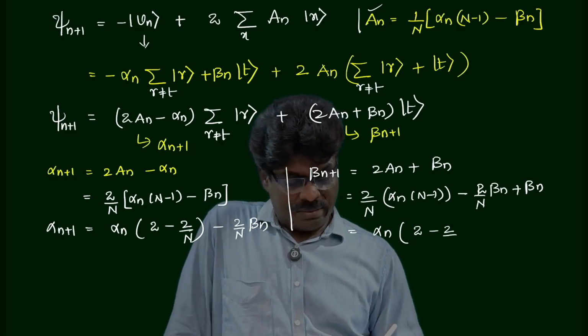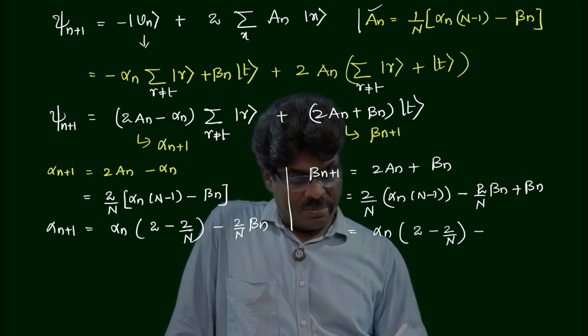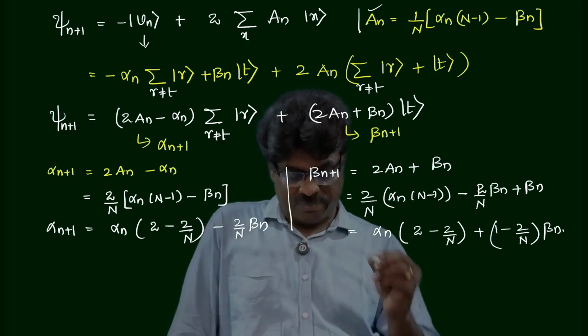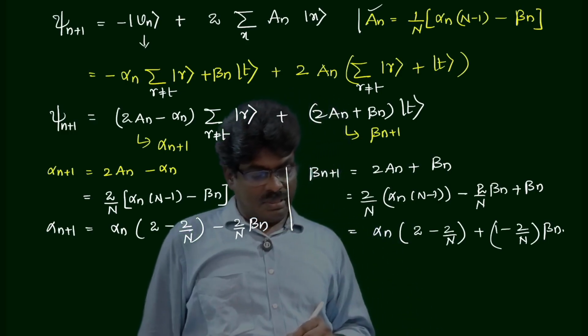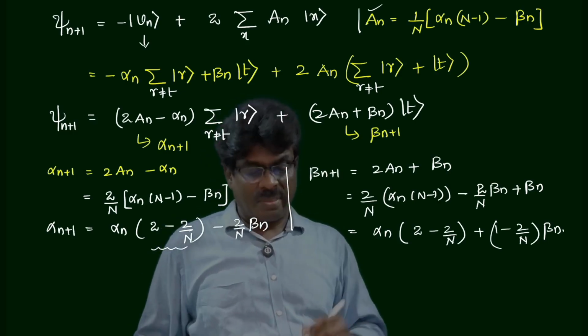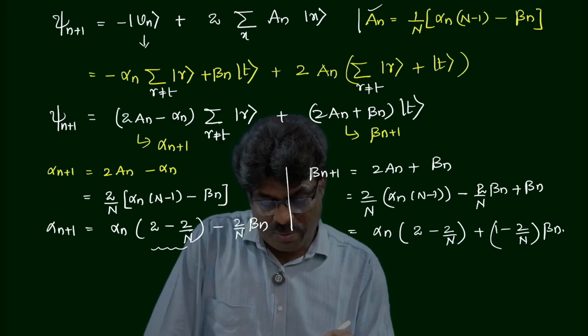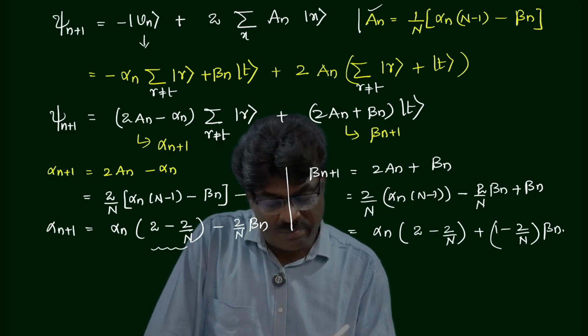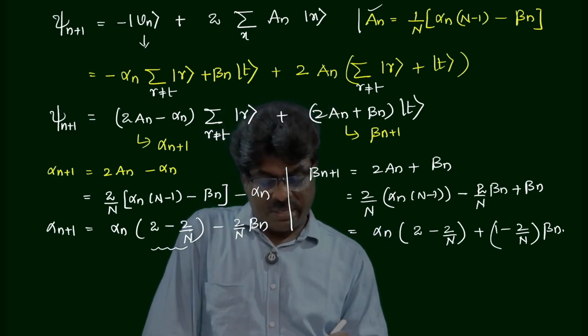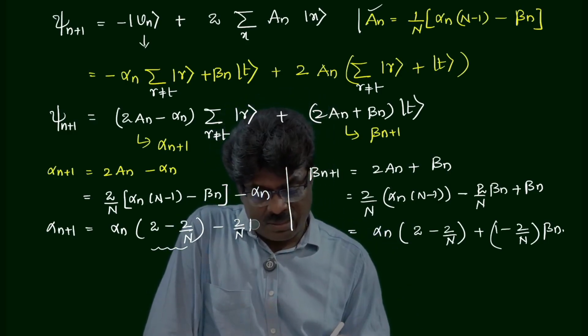I think some mistake is there. Wait a minute. This is nothing but plus 1 minus 2 by n into beta n. Let me check here. This is the mistake, I think. Yeah. So here we forgot to write this minus alpha n. Okay. So once you have taken that minus alpha n, there is a small change here.